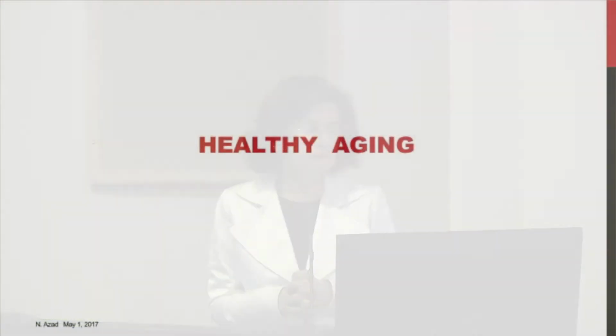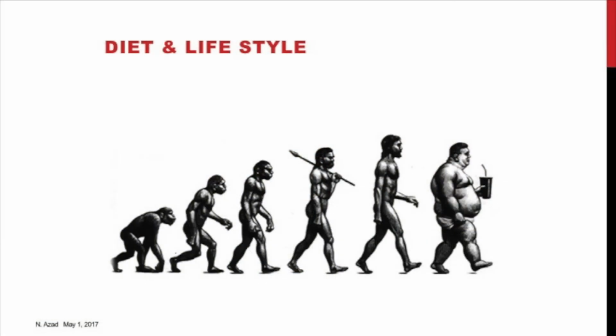So let's review some of the healthy aging issues. I mean, diet and lifestyle is really up there, right? Unfortunately, in the general population, the population becoming heavier and more obese is a bigger problem. In the geriatric population, actually, weight loss is a negative clinical indicator.